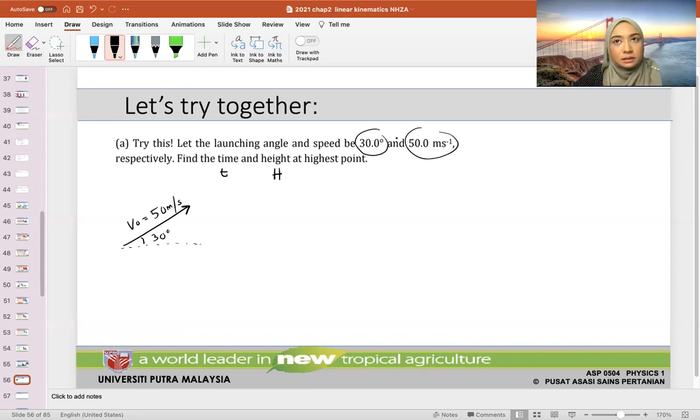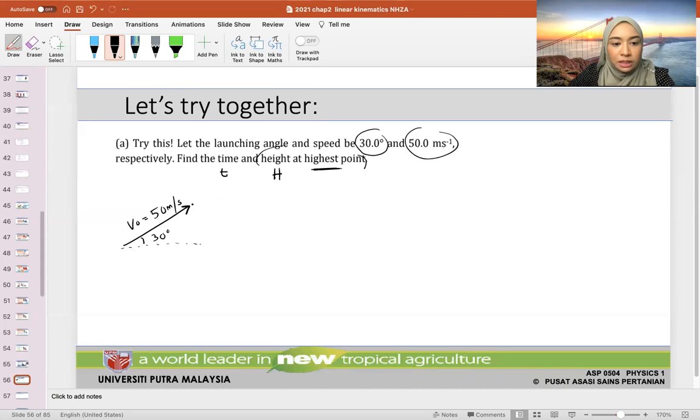What is the technique to find this? What is the first thing that I need to remember to do this kind of problem? Remember, at the highest point. Hint, hint. What happens at the highest point? V equals zero, correct.